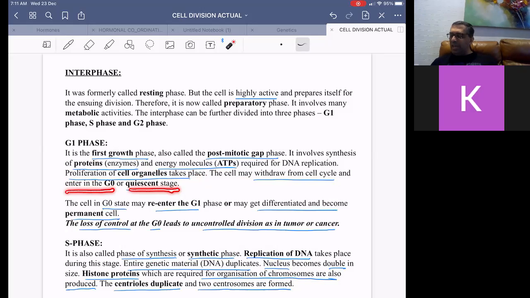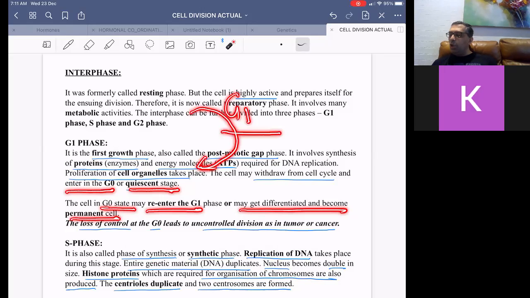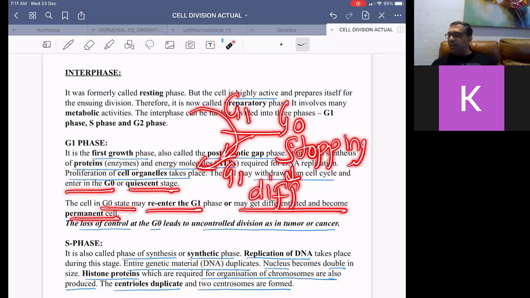From the G0 stage, it may re-enter the G1 phase and again undergo cell division, or may get differentiated and become a permanent cell. तो सर एक सेल जब G1 फेज में जाता है, G1 से it goes into G0 फेज, and G0 फेज से it continues in the G1 phase or may undergo stopping of cell division. It remains locked in the G0 phase, and that cell is called as a differentiated cell.